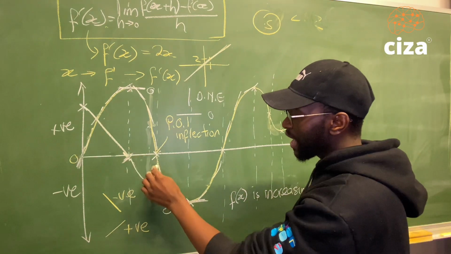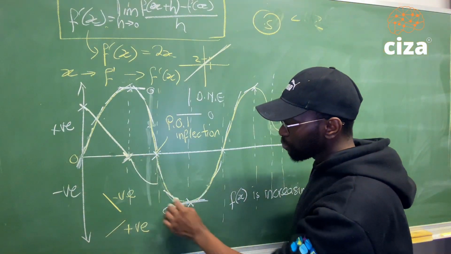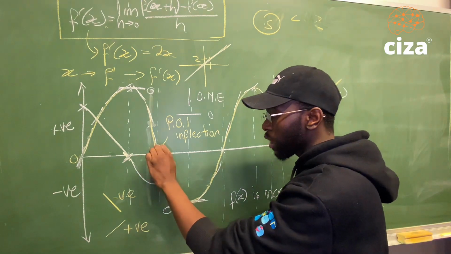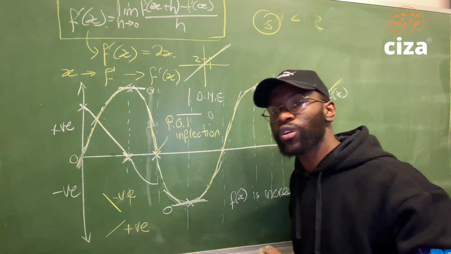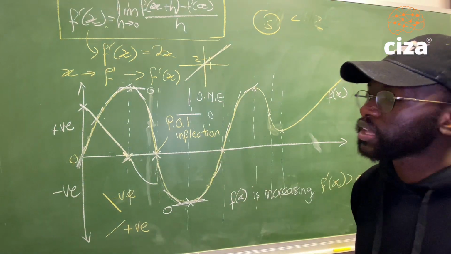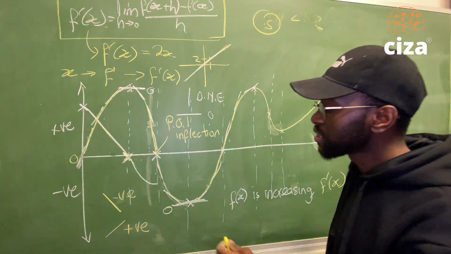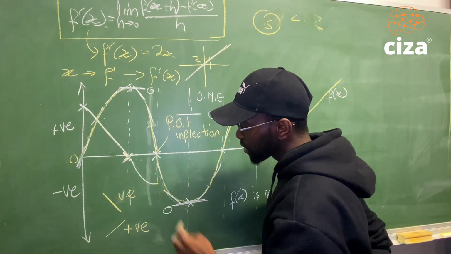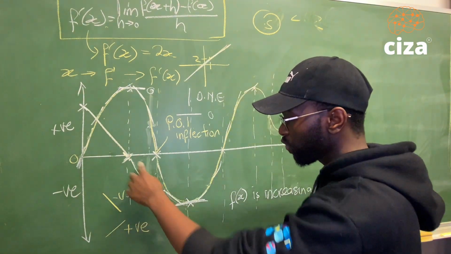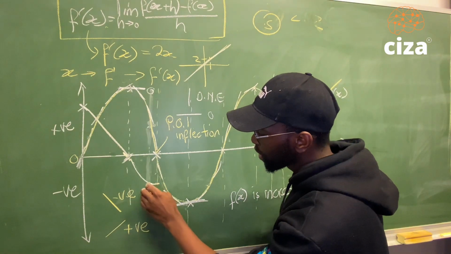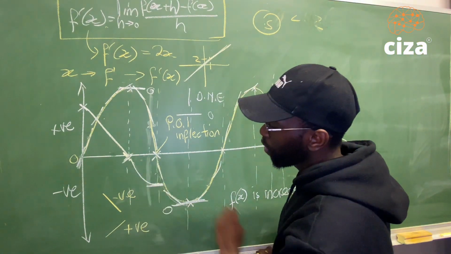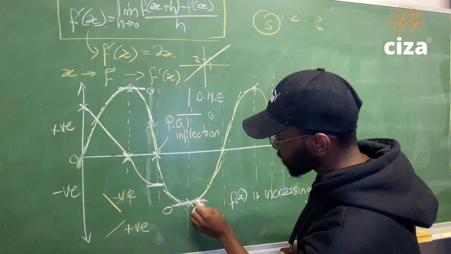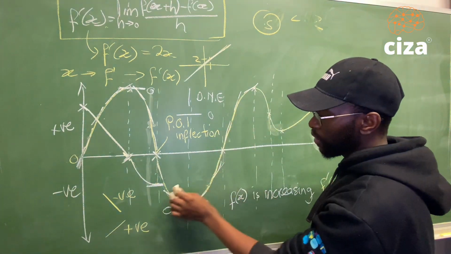So now the function becomes concave up, and a point where a function changes its concavity, we call a point of inflection, which means that at the point of inflection, our function will change its direction also. Instead of going down, it will then become horizontal here, and then the function here is increasing.